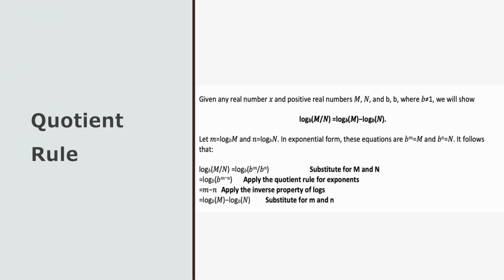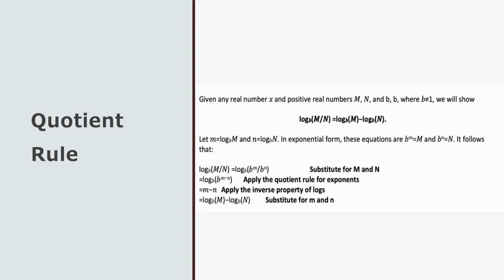Given any real number x and positive real numbers m, n, and b, where b is not equal to 1, we will show log base b of m divided by n equals log base b of m minus log base b of n. Letting m equal log base b of m and n equal log base b of n. In exponential form, these equations are b to the m equals m and b to the n equals n.